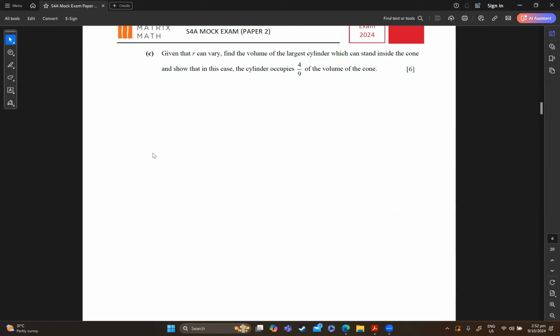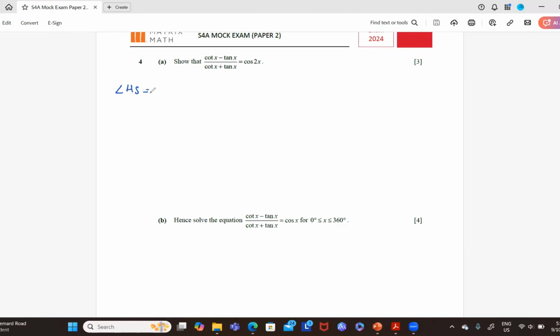Okay, let's move on to question 4. Your left-hand side: cotangent x is basically 1 over tangent x minus tangent x, over 1 over tangent x plus tangent x. So tangent x itself is sine over cosine.